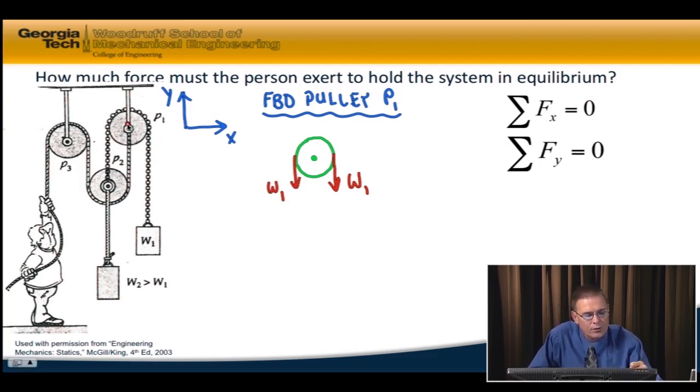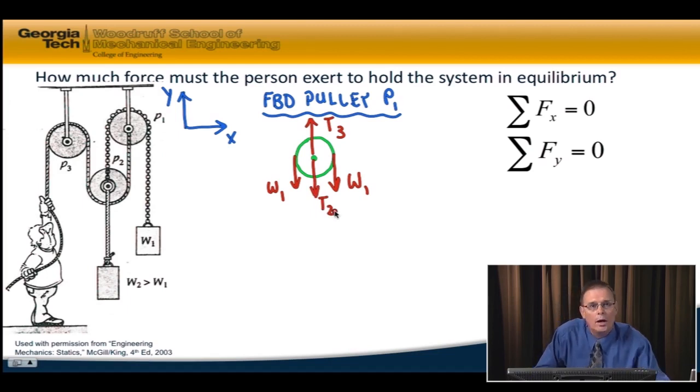I have this connection of the center of the pulley to the ceiling, and so I have to cut that, and there'd be tension in that. I'll call that tension T3. And then I have a tension in this other cable, which is coming down from the center of the pulley. If I cut that, that tension I'll call T2.